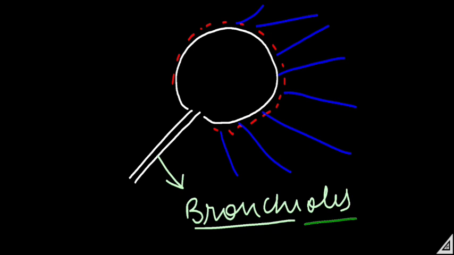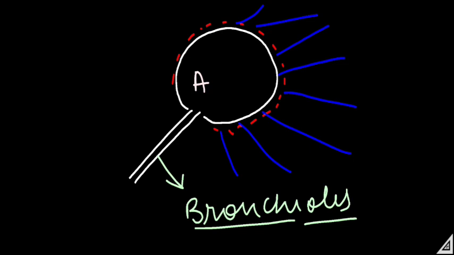See, I am telling you how the structure is. See, this is your alveolus. Alveoli are something like this in structure, right? And this is your bronchiole. Bronchioles are a subconstituent part of the bronchus, right?